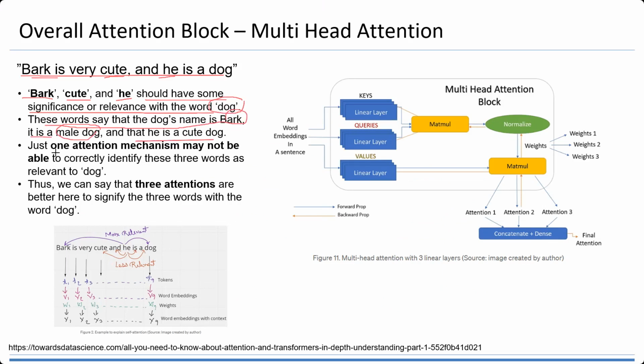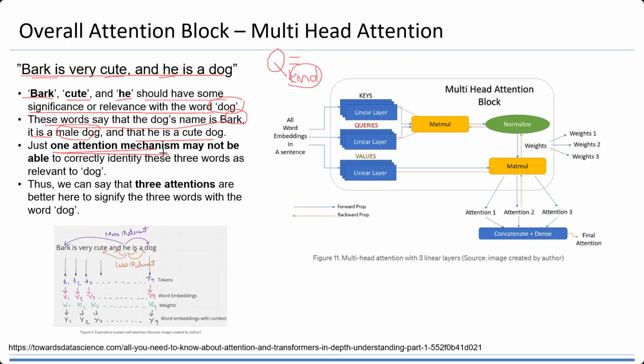When you learn about the attention mechanism, we have only one attention. So one attention, like what we looked at before, we have only Q, which is about the word kind. So if we have only one word, this one attention mechanism works.